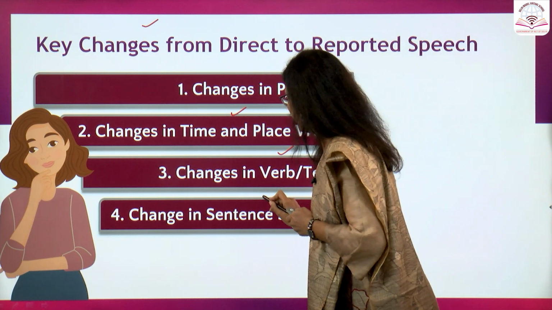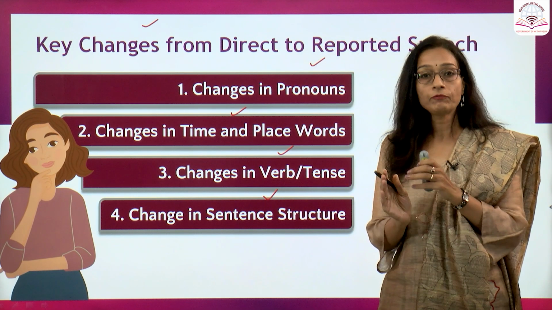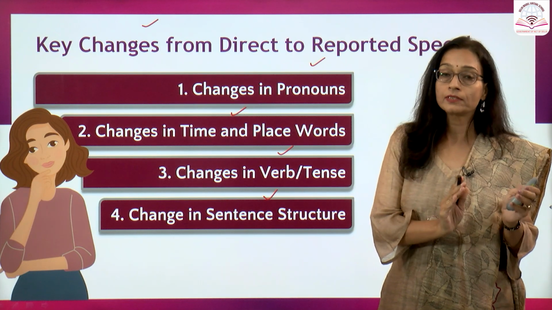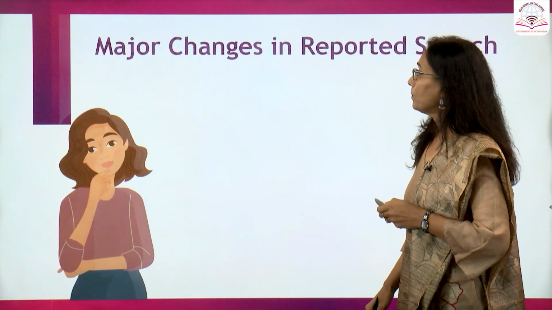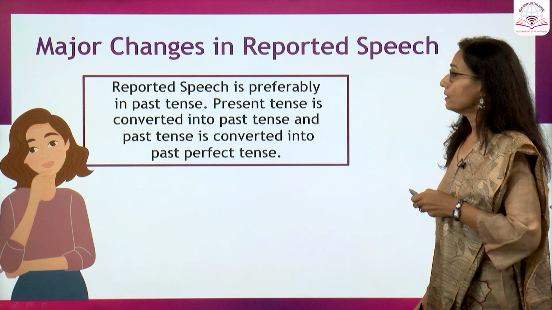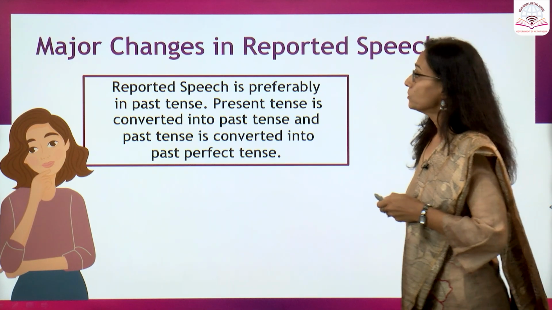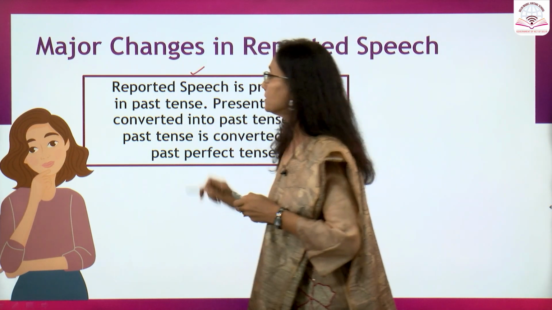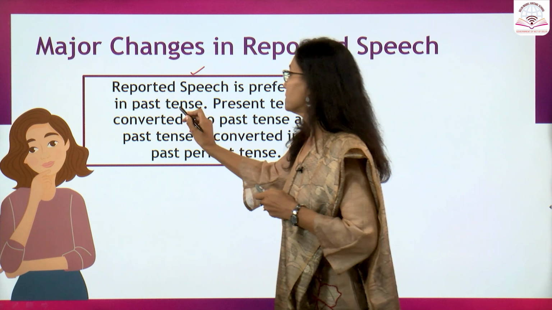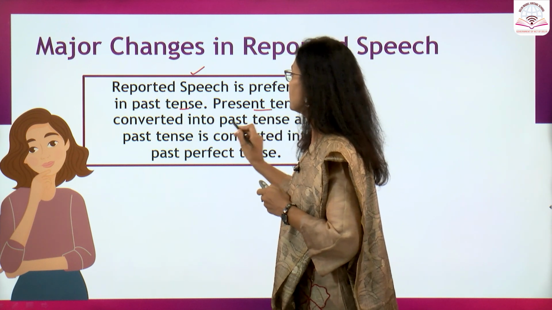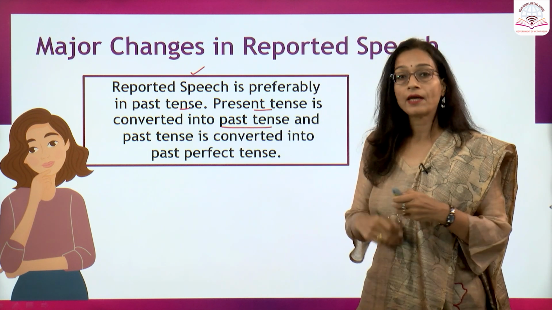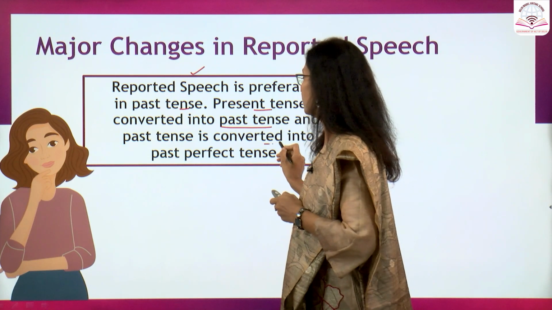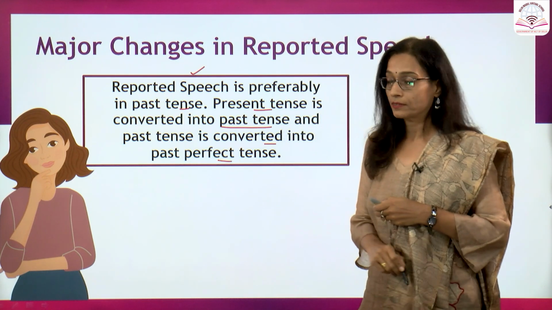Talking about sentence structure, we are focusing only on the question sentences. We talked about the question sentences in our previous session. So, if we say reported speech, it is preferably in past tense. Present tense is converted into past tense and past tense is converted into past perfect tense.